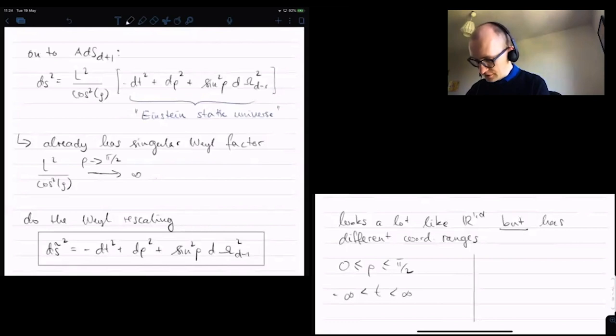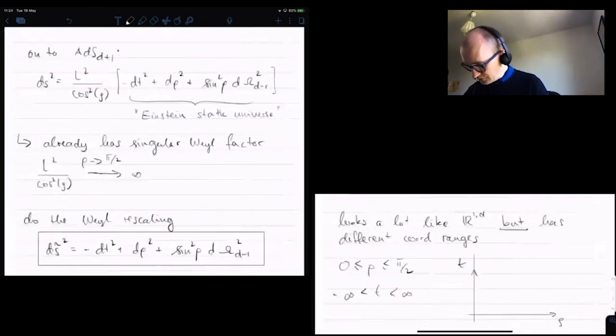And so a way of drawing it is, we draw the time direction, which is infinite in both directions. It goes on like this. And then we have our radial direction rho, which goes from 0 to pi over 2. So this is t, and rho is equal to pi over 2 here.